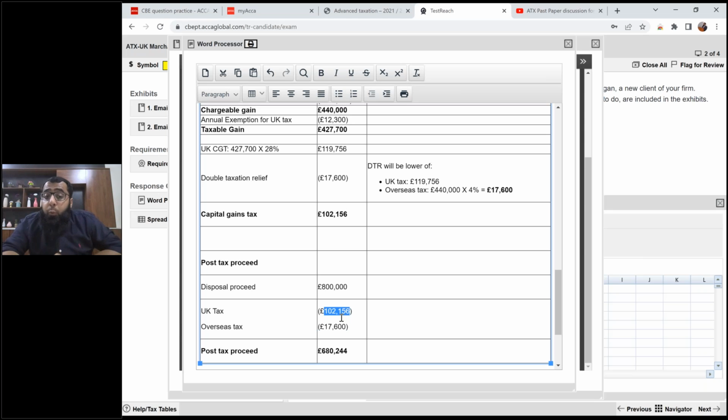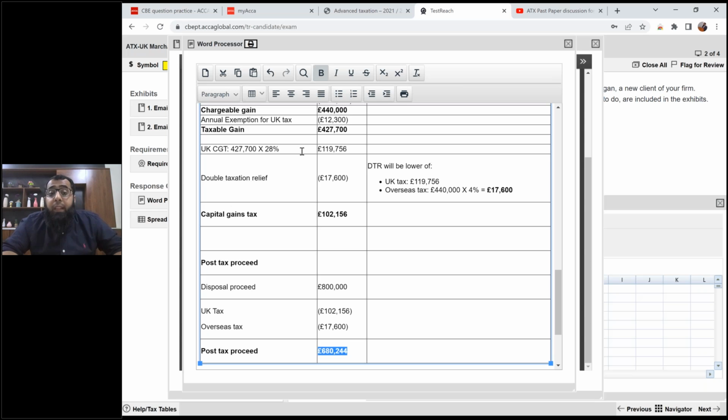We have paid two taxes, so the post-tax proceed in this case will be 680,244. If there would be any stamp duty, then we would have considered the stamp duty also.